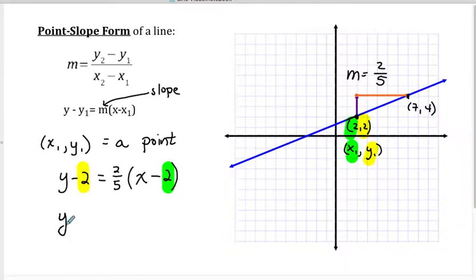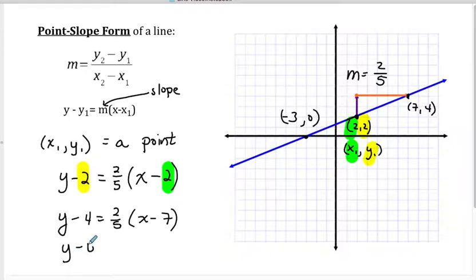So I could write y minus 4 equals 2/5 times x minus 7. Or maybe I'm interested in talking about this point here, which we said was (-3, 0). So I could write y minus 0 equals 2/5 times x minus negative 3.